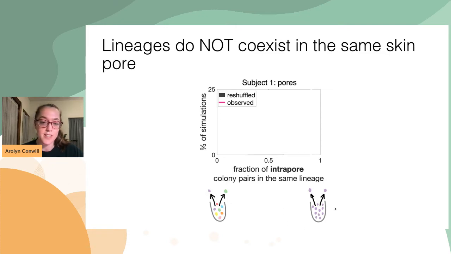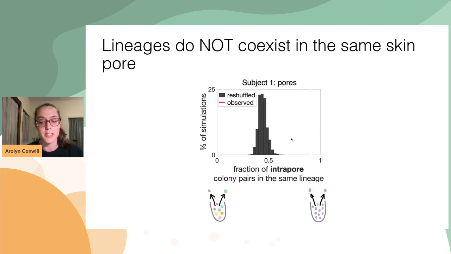On the other hand, if only one lineage existed in a pore, when we sample 2 colonies, we'd get 2 colonies from that same lineage. So if the colonies in our data set for subject 1 were randomly distributed into pores, then we'd expect that 2 colonies from the same pore would belong to the same lineage a little less than half of the time.